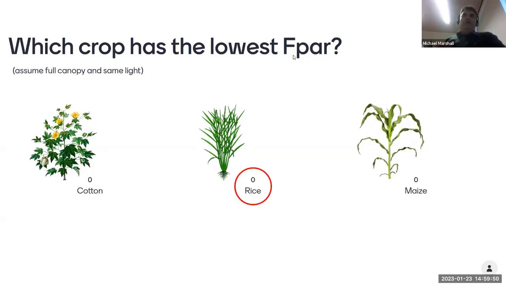So in theory, maybe not fPAR per se, but you could certainly get at GPP and NPP with SIF. But there's some challenges. And like I said, one of them is the amount of energy is small, and the current satellite that's using it, I think it's called GOME, G-O-M-E, is very coarse resolution spatially. There are new missions coming up, ESA FLEX, F-L-E-X, for example.